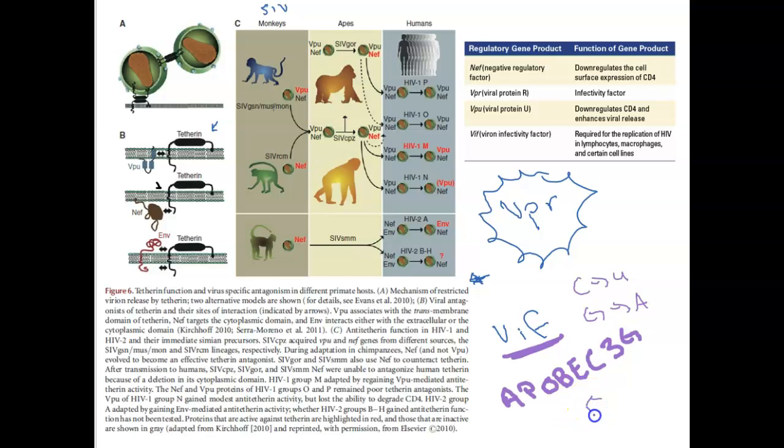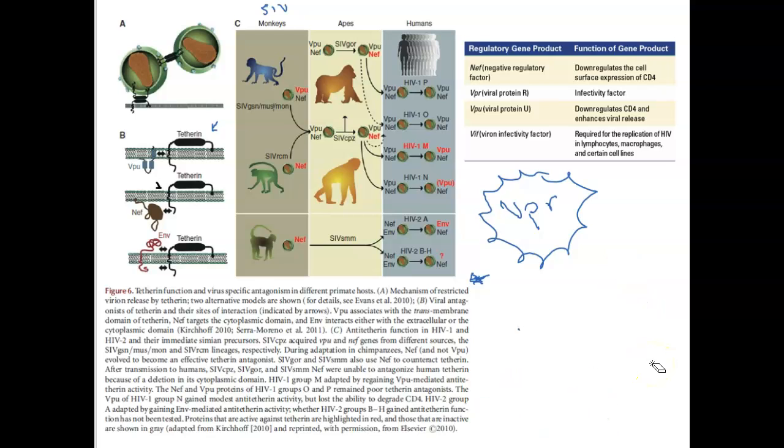So if we've got cytidine, ApoBec deaminates it and turns it to uridine.